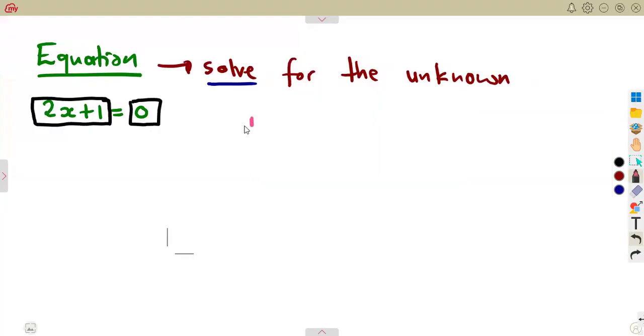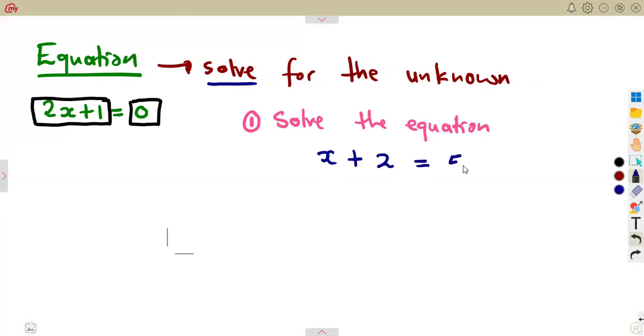I want us to see something here. Solve for x, or solve the equation. Like I said, equations you solve. We want to have a simple equation: x plus 2 is equal to 5. You need to solve for x.